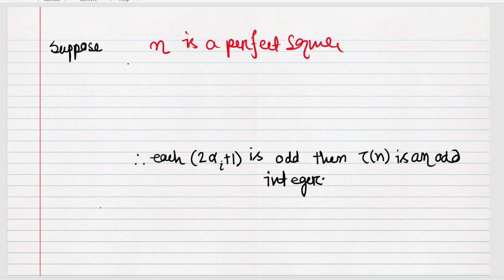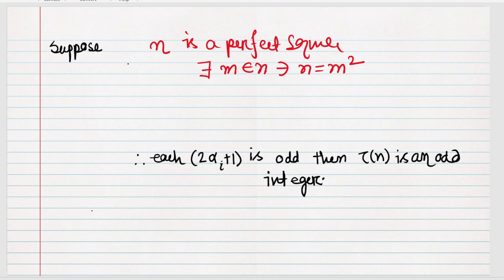If n is a perfect square, that means there exists an m in the natural numbers such that n equals m squared. This is the definition of a perfect square.